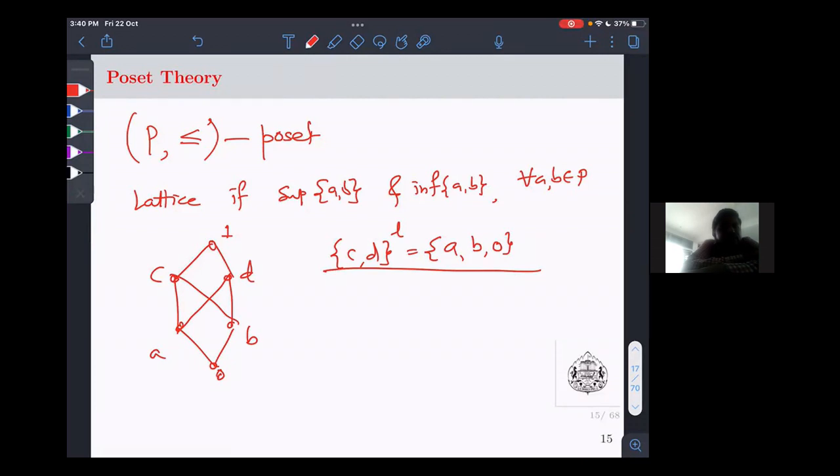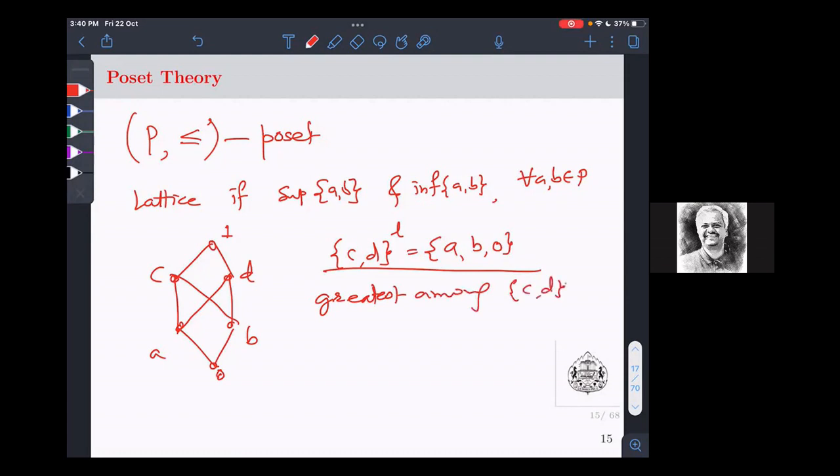But you can observe that if I look at the greatest among this lower cone, is there any greatest element among A, B, 0? Answer is no. So you will not get infimum. So infimum does not exist, right?